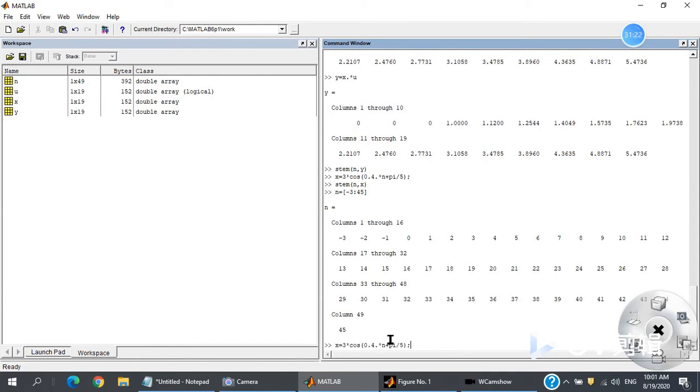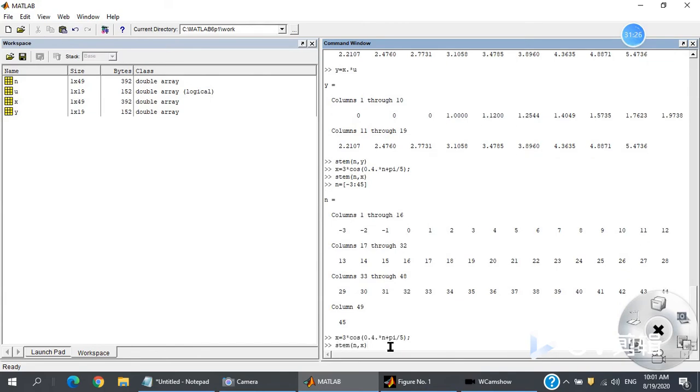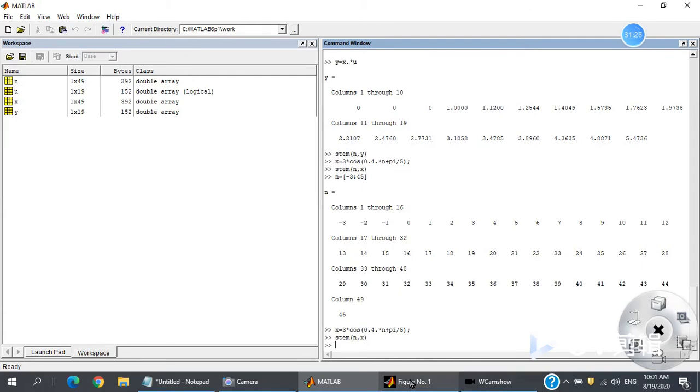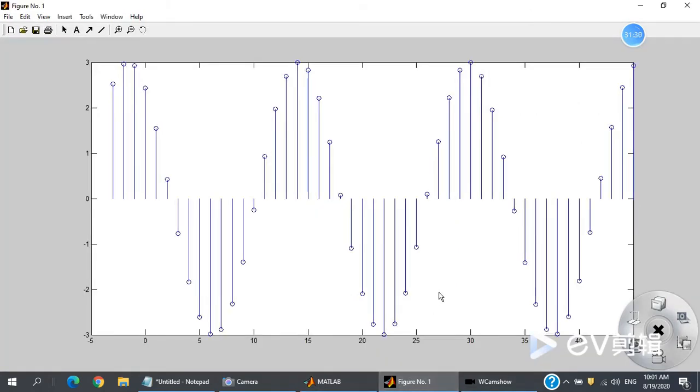Then I have x in the same way, and stem to see how it looks. Oh, we have a lot, right? This is a sine or cosine. Doesn't matter, you can think of it as a shifted cosine. All right.